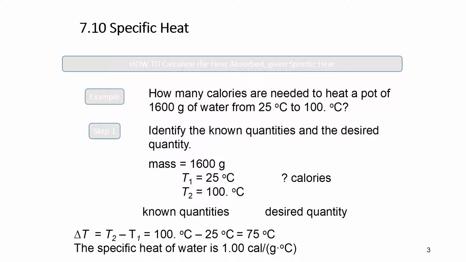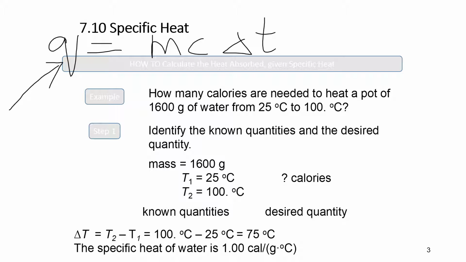Here's a problem that I wanted to work through. How many calories are needed to heat a pot of 1,600 grams of water from 25 degrees C to 100 degrees C? The important thing here is to remember the equation Q = mcΔT, where Q refers to the heat, and that answer is going to be in joules.